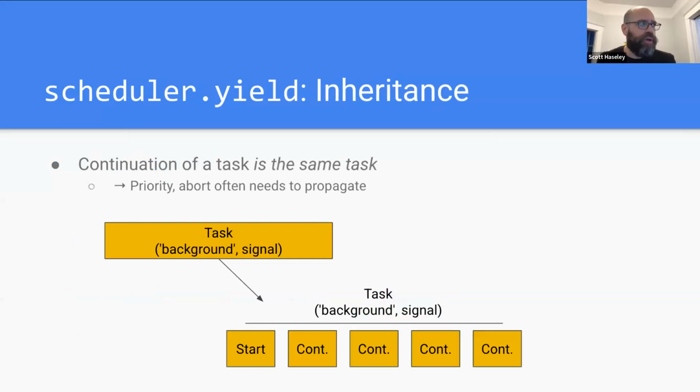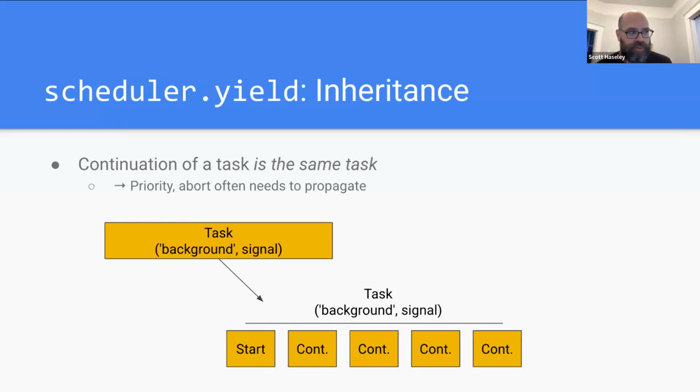Okay, and then the other bit about yield that I wanted to mention, and maybe this could be a topic for a longer discussion at some point, is that yield also supports inheritance, which is something we chose not to implement for postTask, where you may be spawning new, somewhat unrelated tasks.